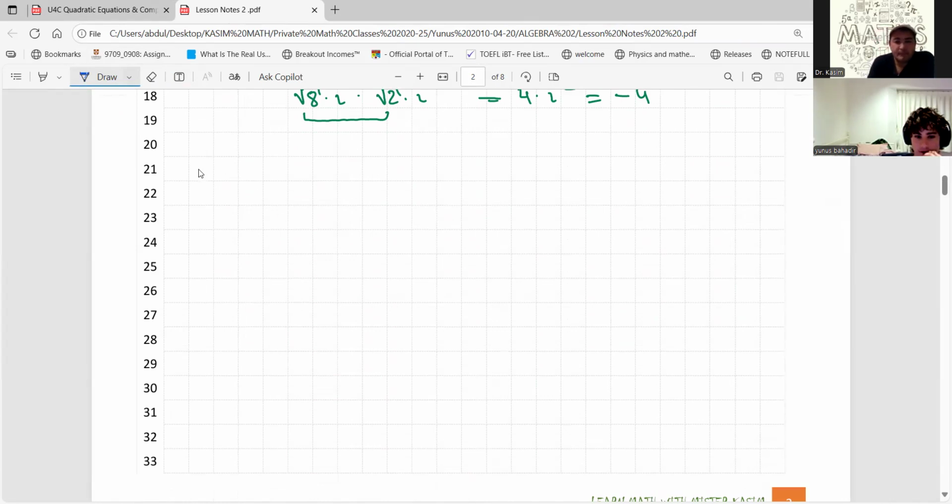Are you saying something like this? For example, suppose that we are given x squared plus 5x plus 6. Which of the following is a factor of this expression?